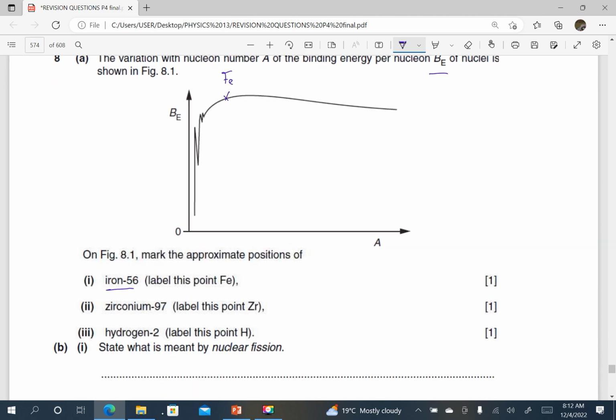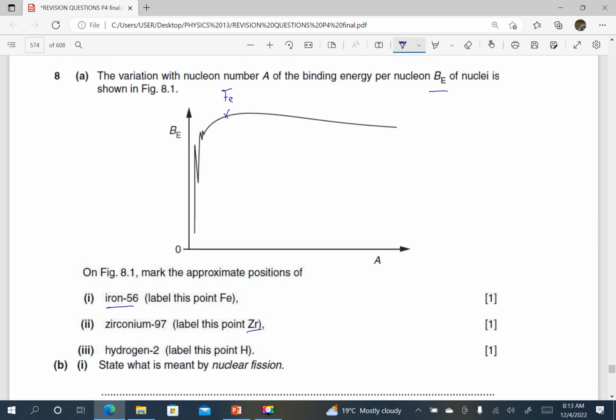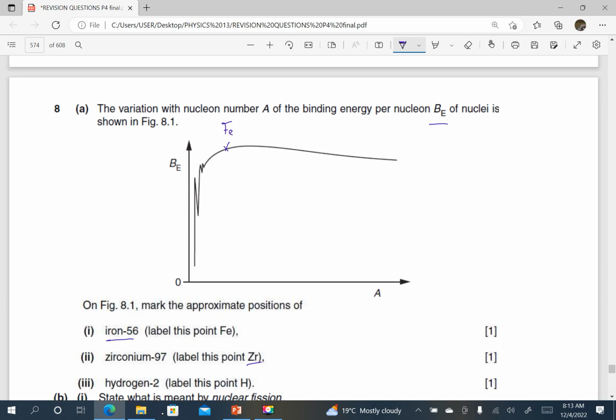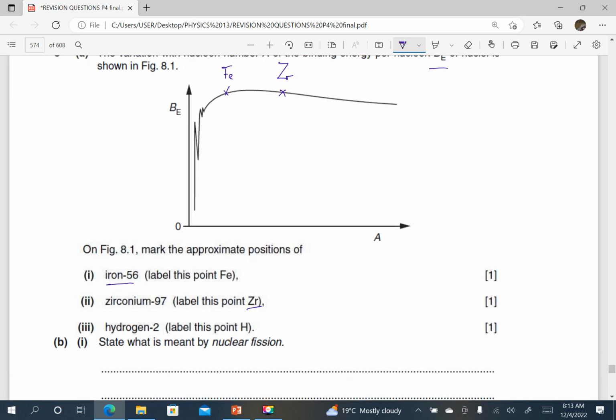Then zirconium, Zr, that is 97. That must be on the right of the peak, because nucleon number is increasing to the right. So 97 could be somewhere here. So that is Zr. We know uranium is on the extreme end.